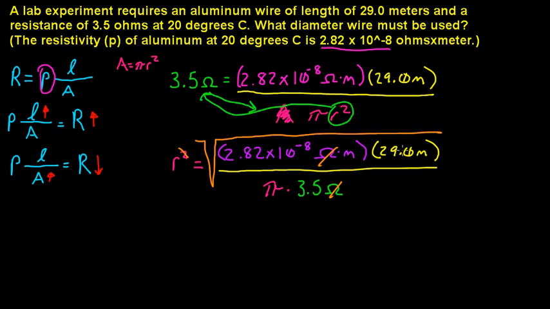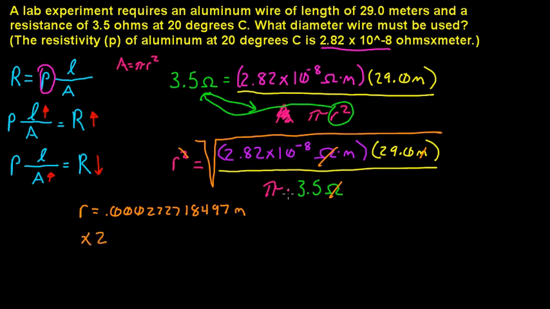But since we're square rooting it, you can take off one of those meters. So when you do that, you're going to get R equals 0.002727184797 meters.